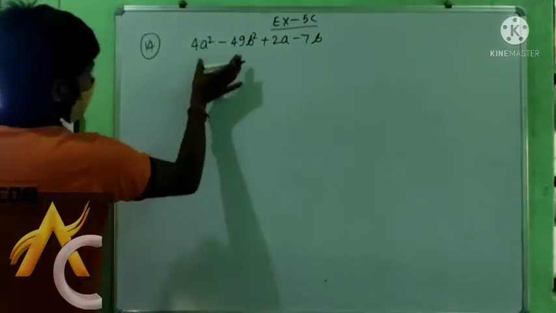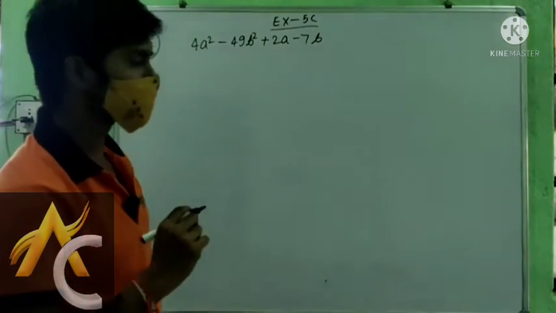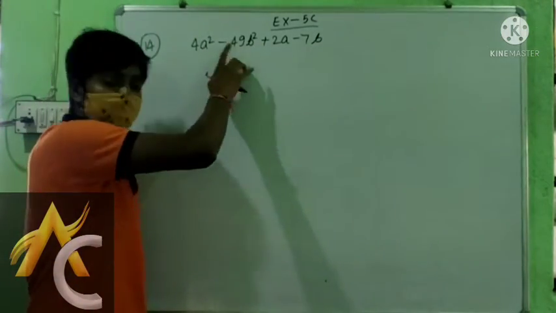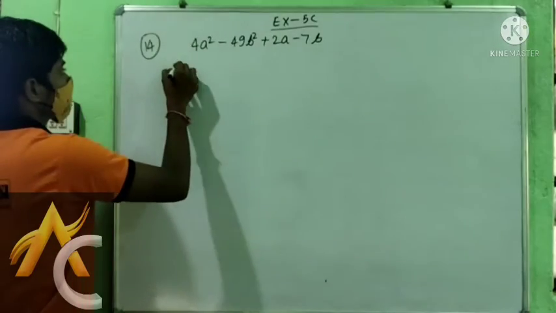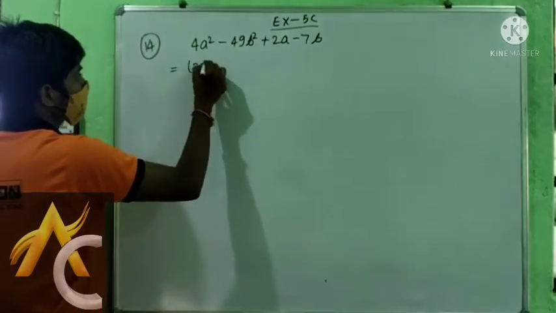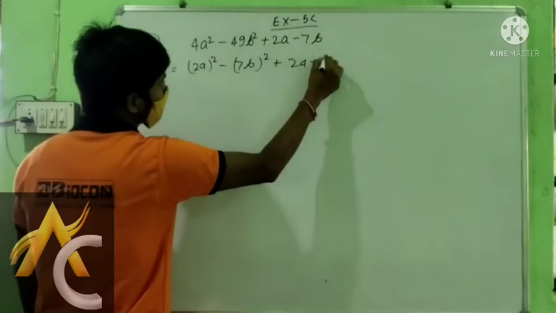Now just look at this term. We can write it in the form of a square minus b square, because 4 is the square of 2 and 49 is the square of 7. So it will be 2a whole square minus 7b whole square plus 2a minus 7b.